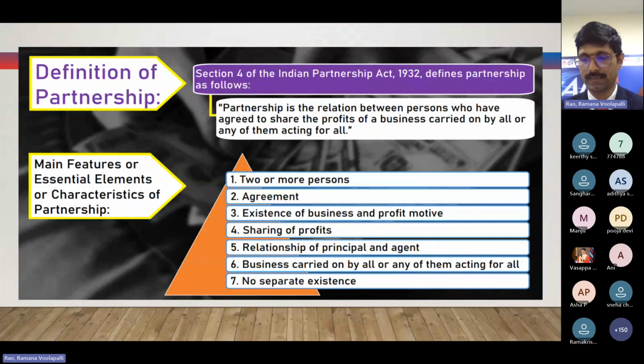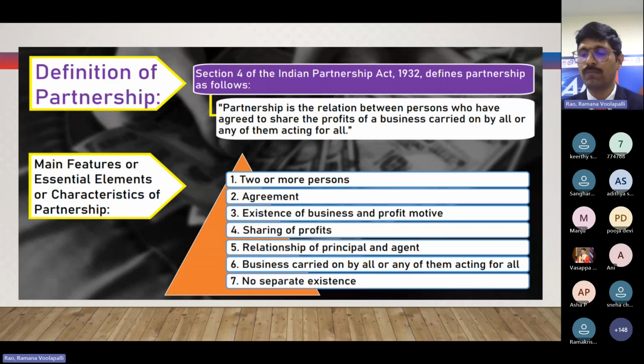For example, if a partner takes a loan for the partnership business, all partners are liable for repaying it. All the partners must act as agents, must avoid conflict of interest, and must not take advantage of their position for personal gain. This is a mutual understanding.